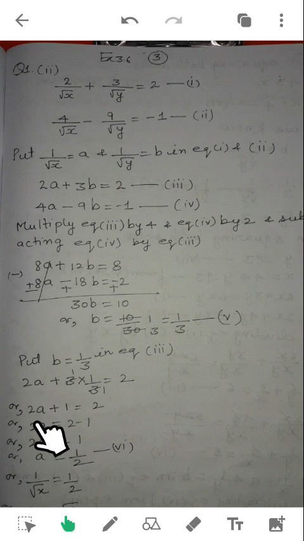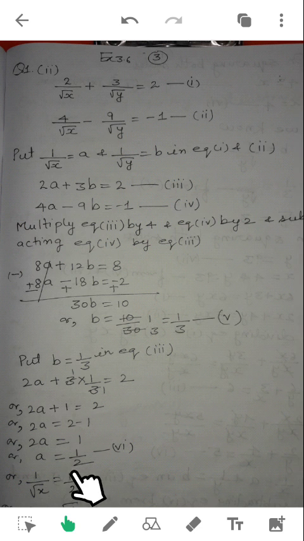Now it becomes 2a plus 1 is equal to 2, or 2a is equal to 2 minus 1, which is 1. As we have to find the value of a, this 2 which is multiplied by a we take to the right-hand side, and it comes down in the denominator. We get the value of a is equal to 1 by 2. Say this one as the sixth equation.